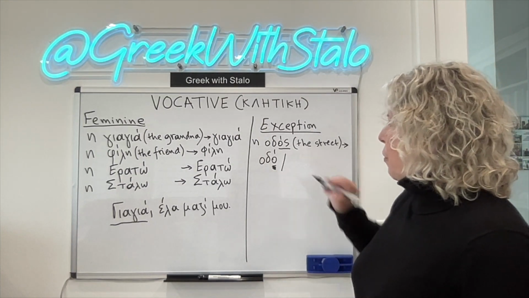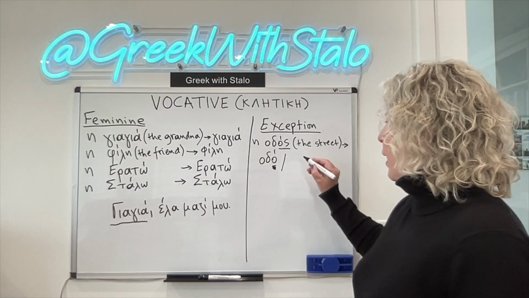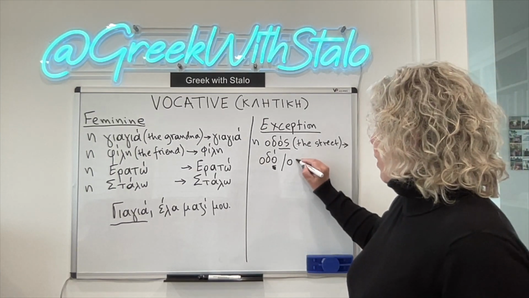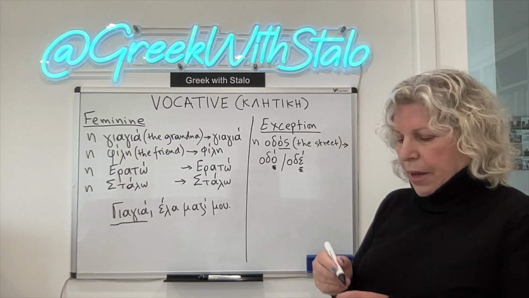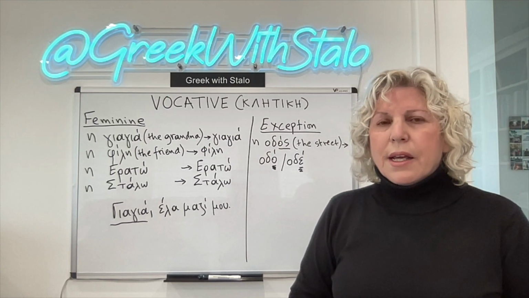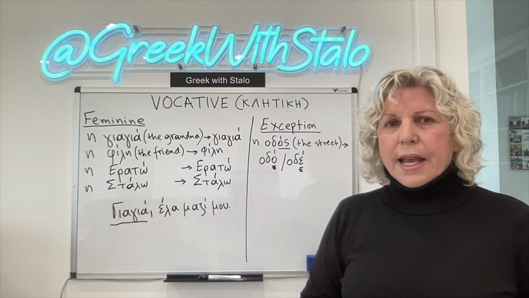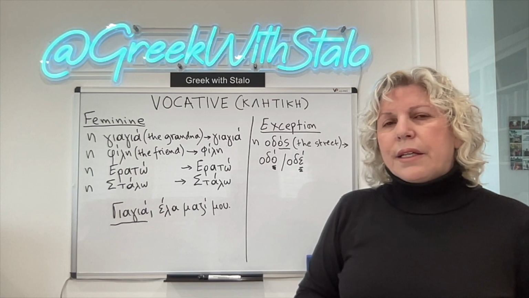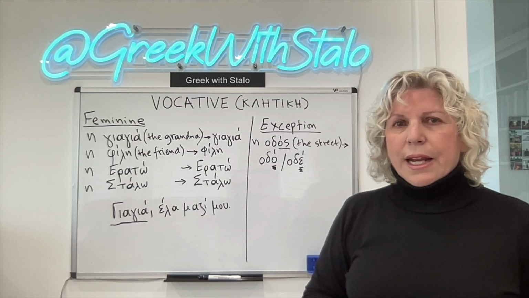There is also an archaic ending for the vocative in e. But this is not very common in modern Greek. It's still like that in ancient Greek and in the formal modern Greek, the so-called katharevousa.